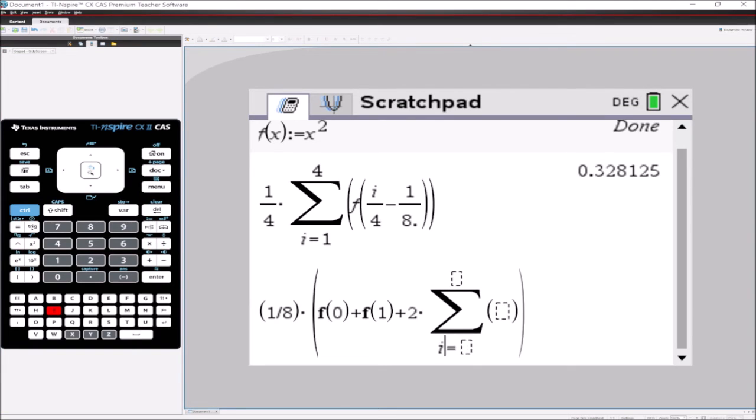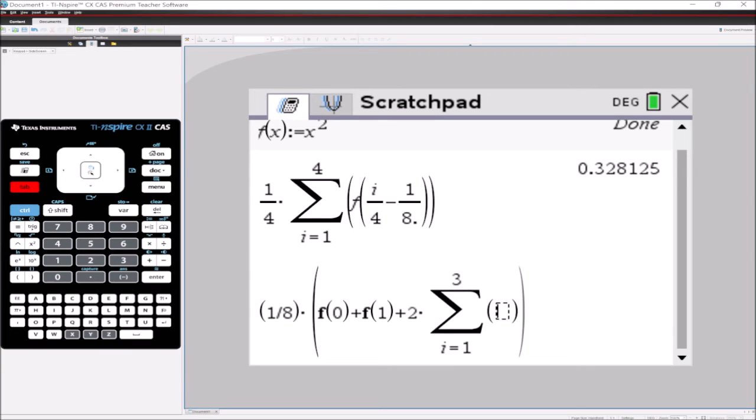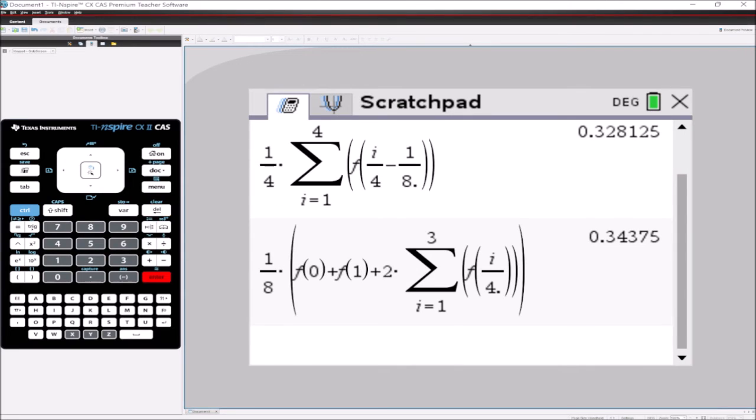We said it was i equals 1 to 3, f of i divided by 4. Again, I'm going to put a decimal just so I get an approximation. Let's evaluate that, and we get 0.34375.